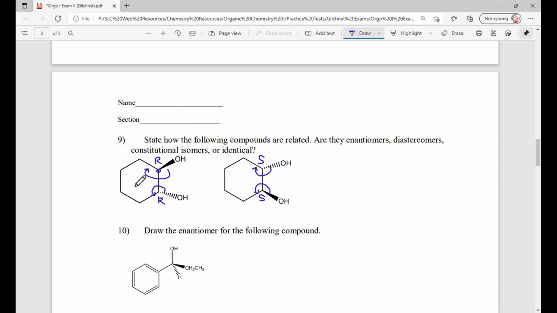If both of these were wedged, it has an internal line of symmetry, which means it's not possible for it to have an enantiomer. And for the ones that would be dashed, if you flipped it over like a pancake up and down, it would be the same molecule. But in this case, these are enantiomers.